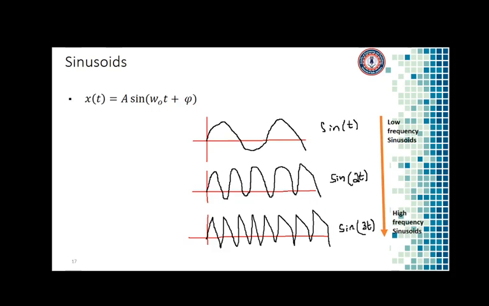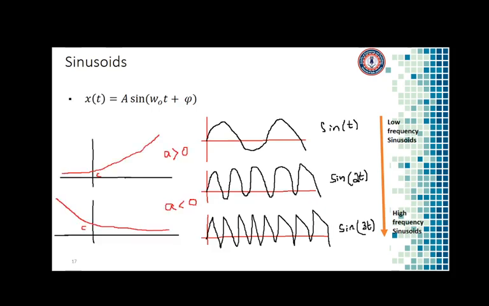Exponentials, again sticking to continuous time signals for a while, are basically functions which grow or shrink in a certain way, where c and a are real numbers. If I write the exponential signal, x of t equals c e to the a t.